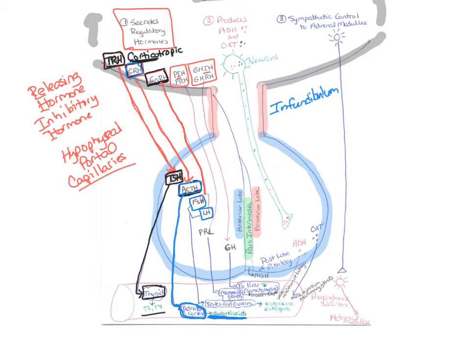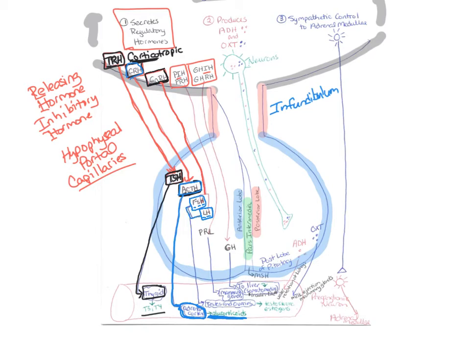FSH stands for follicle stimulating hormone. LH stands for luteinizing hormone. All right, so they get released and they go to the same place.